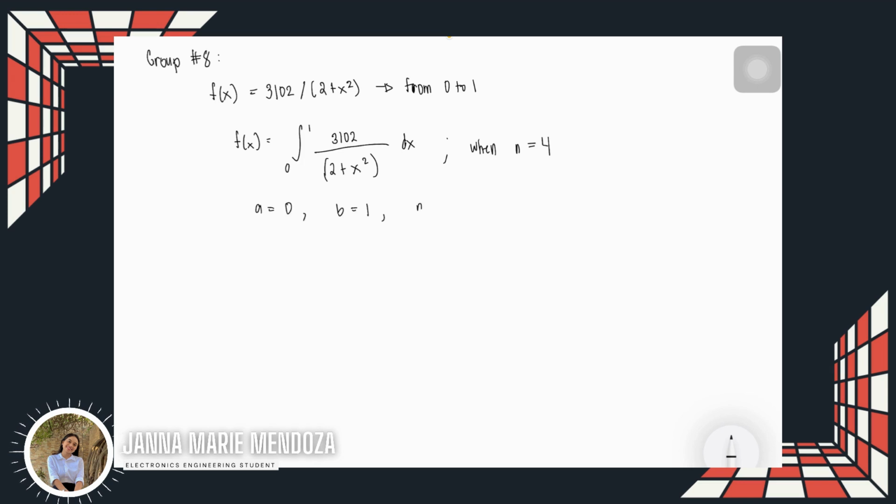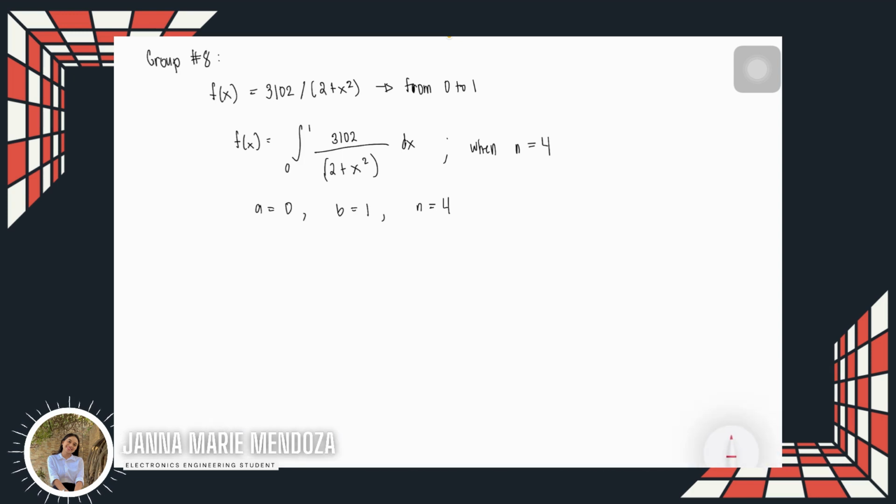Therefore, we could say that a equals 0, which is the lower limit, then b equals 1, which is the upper limit, and n, which represents the number of subintervals, or the area divided into a number of parallel strips of equal width. We could say that the value of n equals 4, for instance.